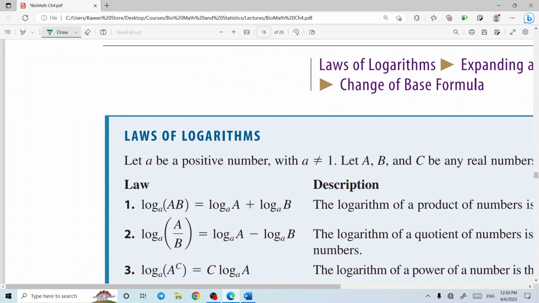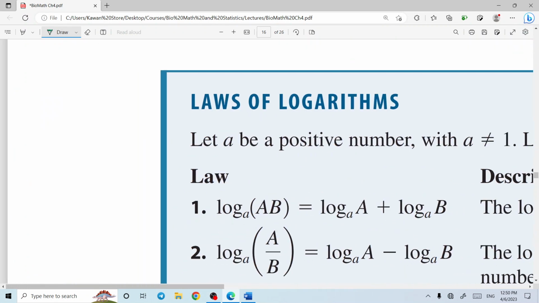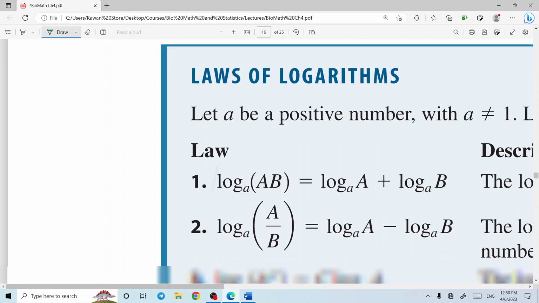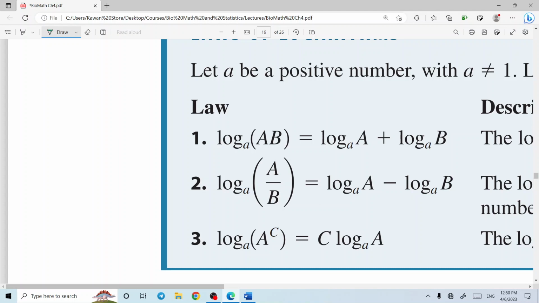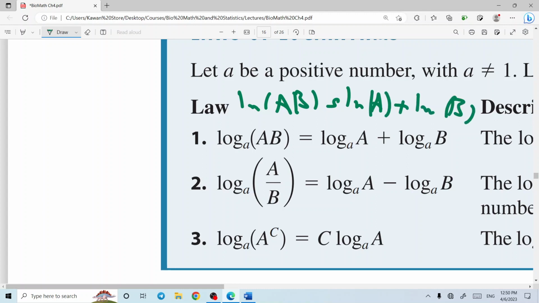Tell me about this. Just translate this one for me. What do you see here? Three important rules for log and ln, for log and ln together. I can write ln of AB equals ln A plus ln B. And usually I put numbers or things in parentheses, brackets.